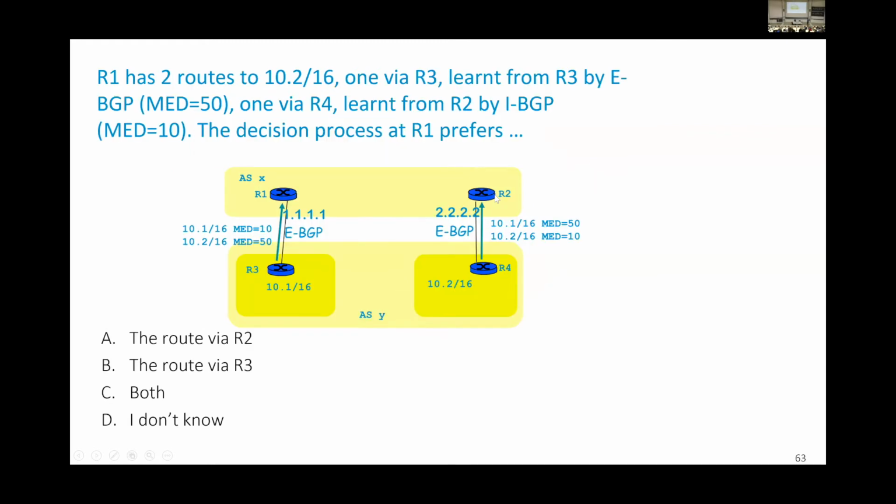So let's check if this really works. If we do this announcement and R1 has a packet, the decision process at R1 for the destination 10.2, which route will be preferred by R1?